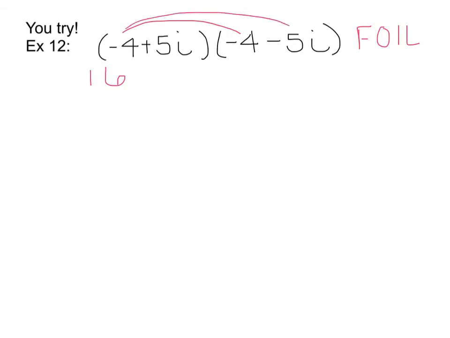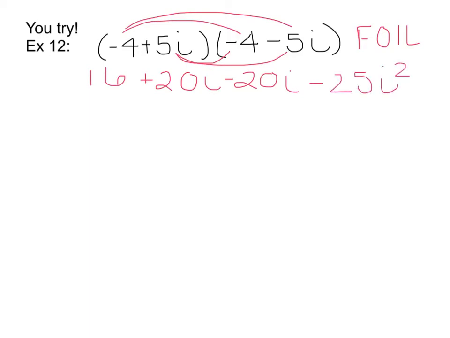Outer, -4 times -5i gives me +20i. Then the inner numbers, 5i times -4 gives me -20i. And then 5i times -5i gives me -25i squared.